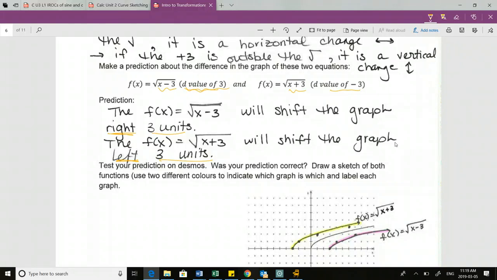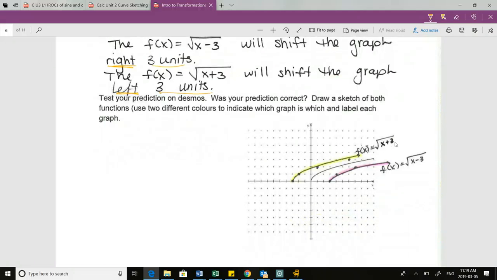Shift right 3 units. Okay, and then these are our predictions. So the +3 will look like it's shifted left, and the -3 will look like it's shifted right 3 units. So it's opposite of what it appears.